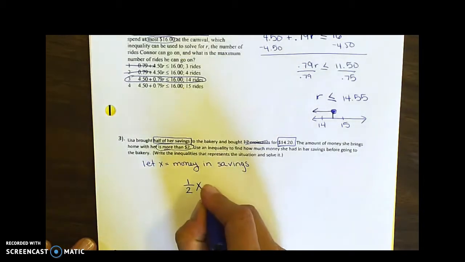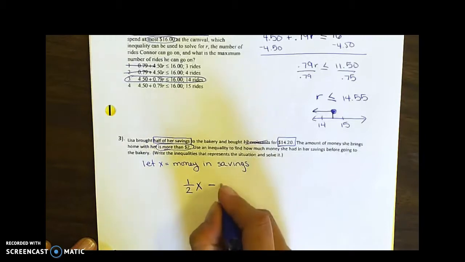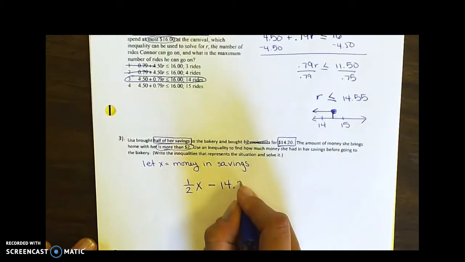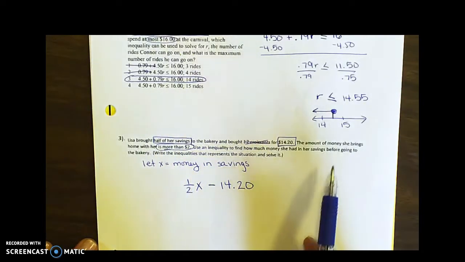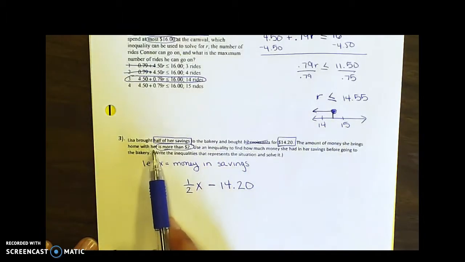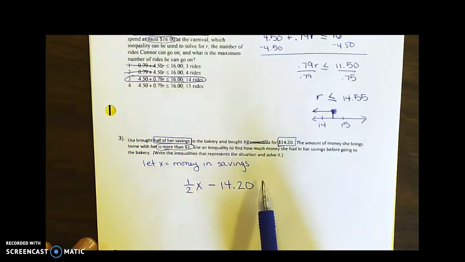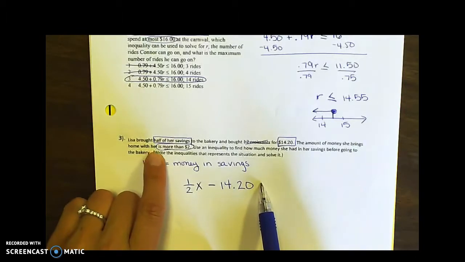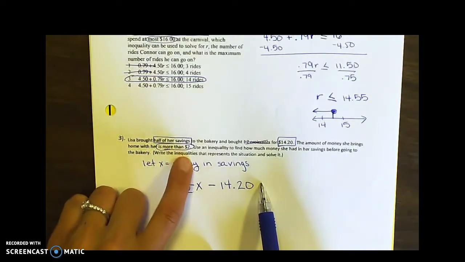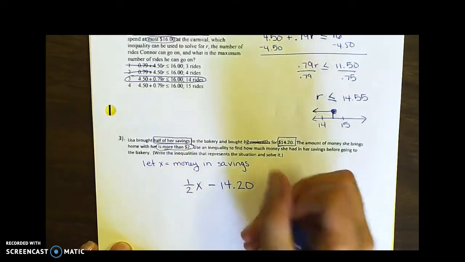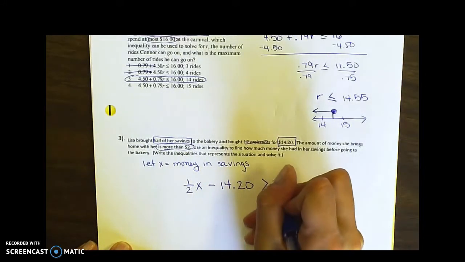It's going to decrease, so that's minus $14.20. And what she brings home with her is more than $2. So here the word "is" is going to be like the equal sign, but in this case it's an inequality. So this has to be more than $2.